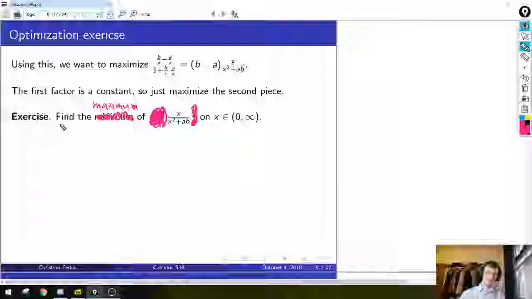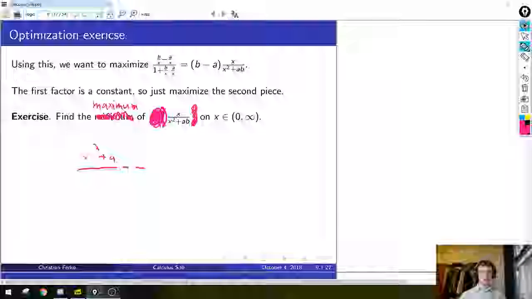Okay, so we have this all over the bottom squared. This is going to be x squared plus ab minus x times 2x. Sorry, I'll write that as soon as I reconnect my pen since it's skipping again.